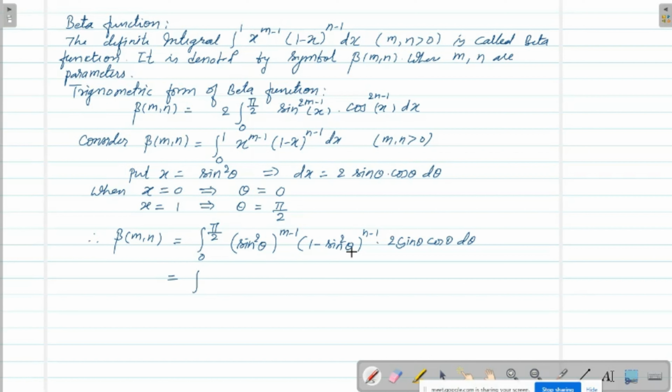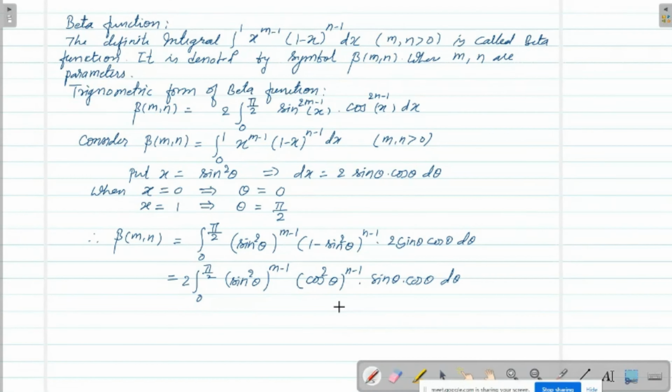This is equal to 2, the constant we take outside, integration of limit 0 to pi by 2 sine square theta raised to m minus 1. But 1 minus sine square theta can be written as cos square theta, raised to n minus 1, into sine theta into cos theta d theta.